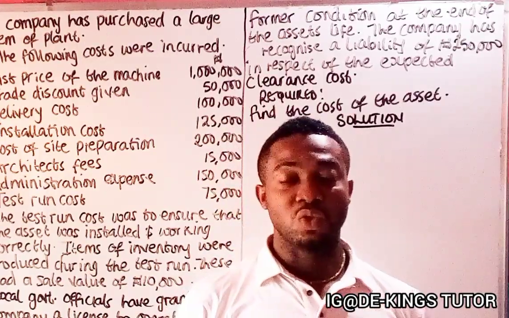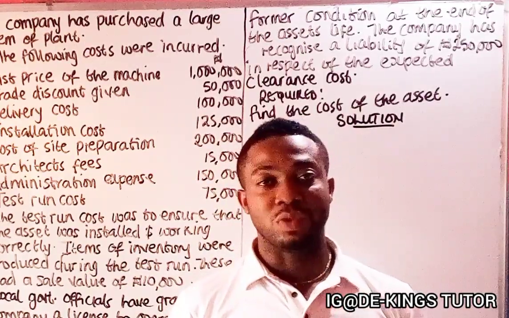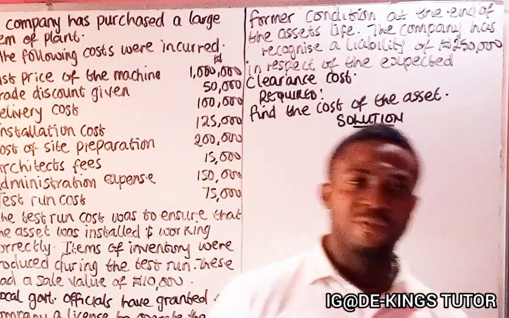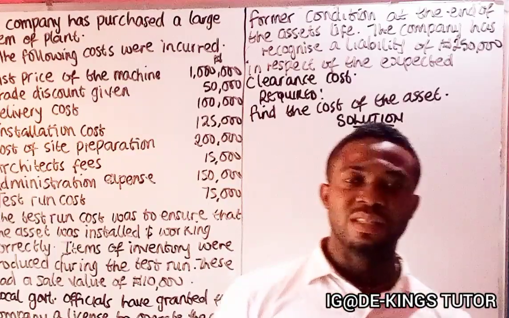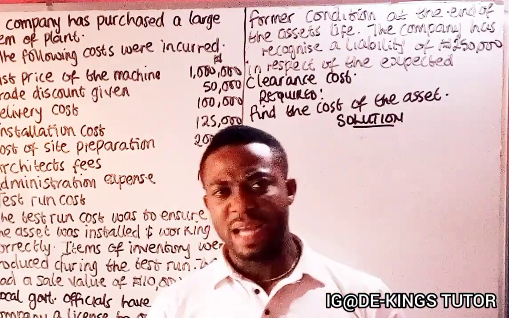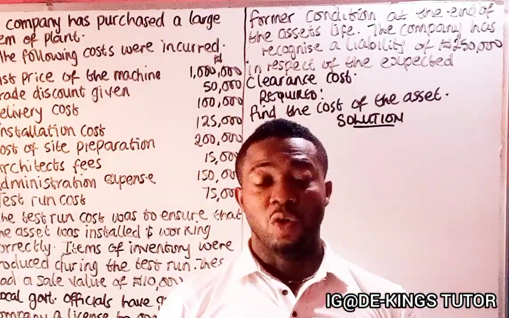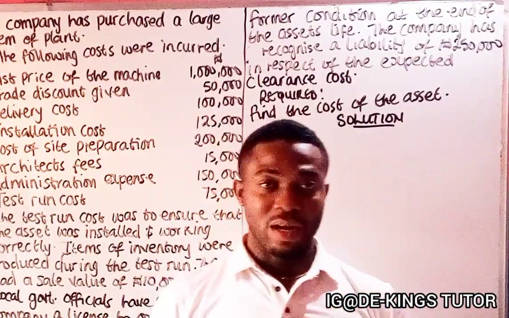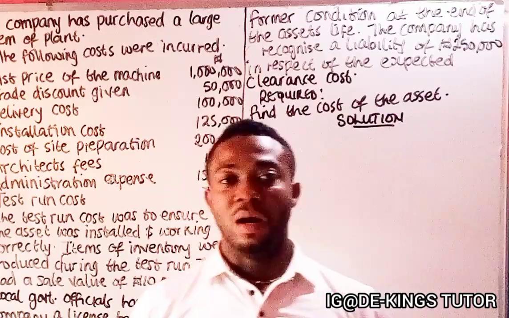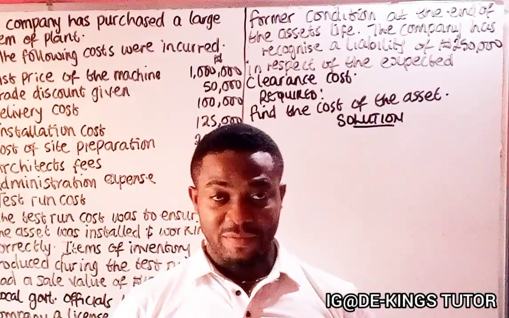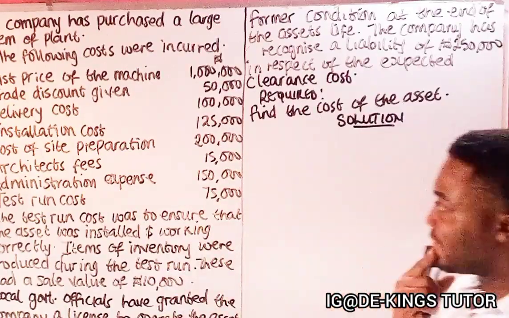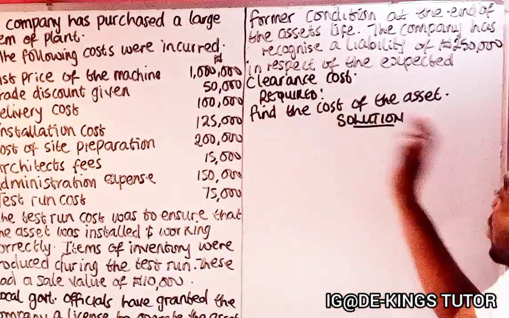It also includes other directly attributable items that refer to what it costs, which we saw as delivery expenses and other expenses. And we also saw the third one, which is the cost of putting the site in order after the asset has been disposed of, after its useful life. Okay, now I want to answer this question. Now they said we should find the cost of the asset.